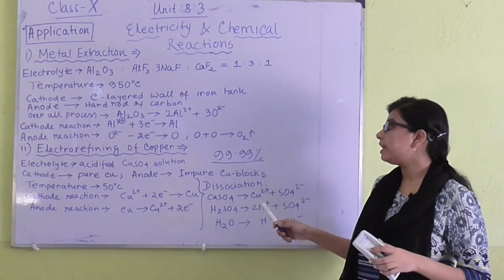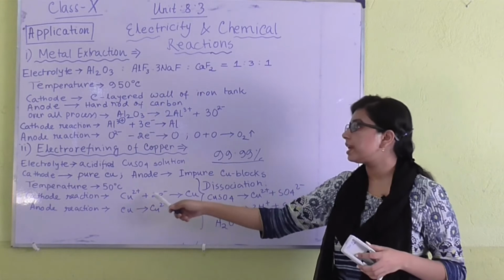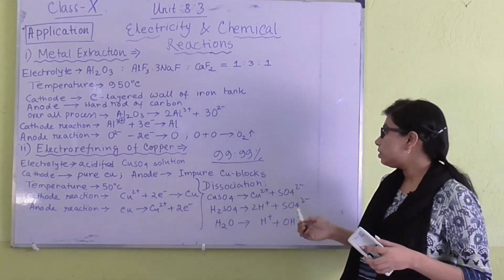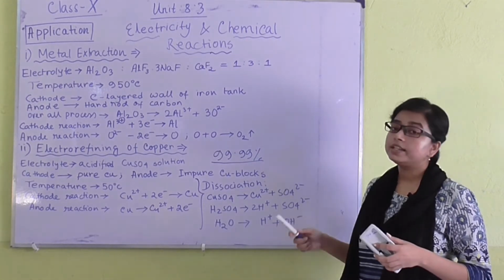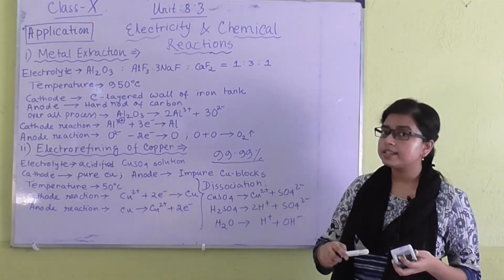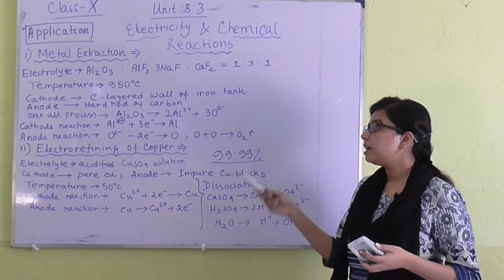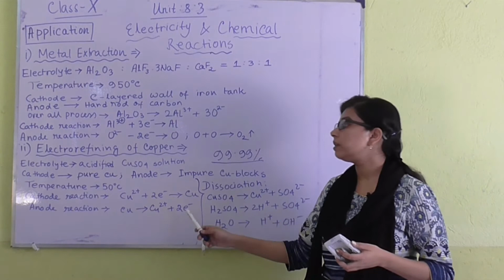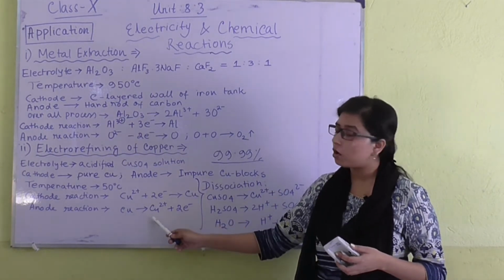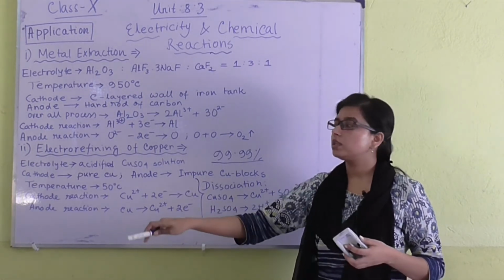So it will remain as H+, and Cu2+ will accept electrons. And as we know, the discharge potential value of sulfate and hydroxyl ion is higher than the ionization potential value of copper, and that's why from the copper blocks, copper will reject 2 electrons, form Cu2+ ion and go into the solution.